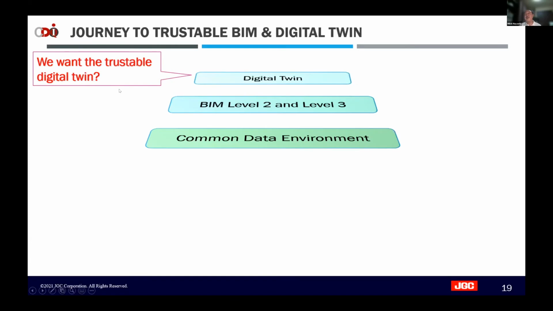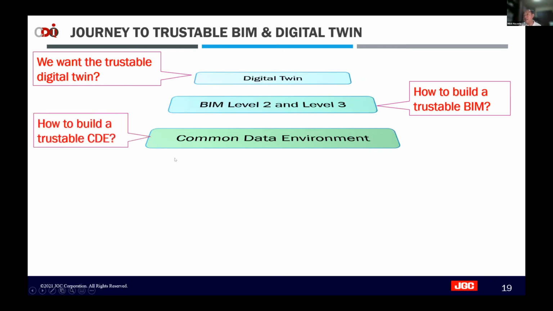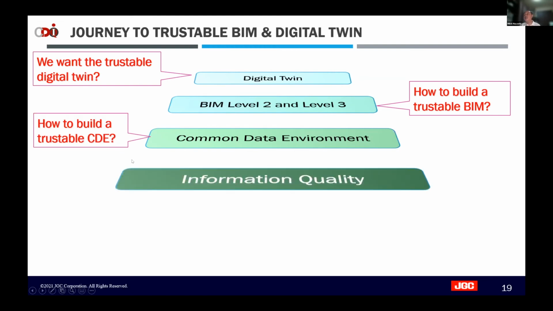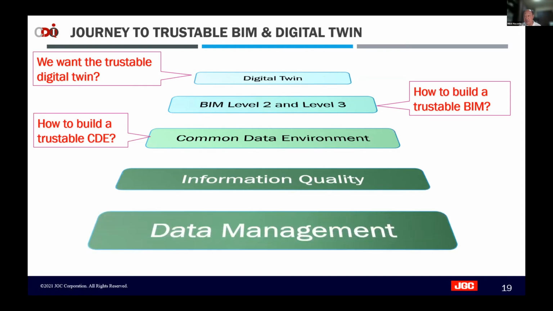Now we want to transport the digital twin. How do we do it? We need trustable BIM level 2 and 3. How to build a trustable BIM? We need a common data environment. How to build a trustable CDE? We need information quality and proper data management.